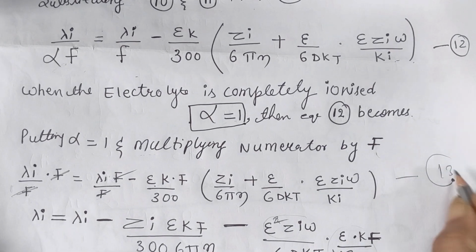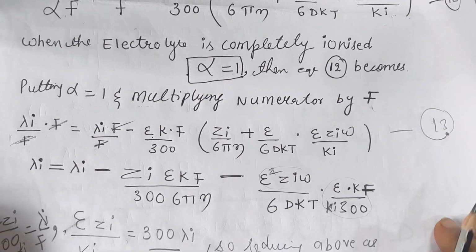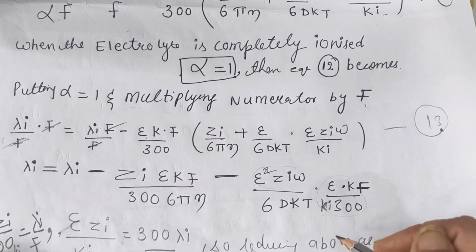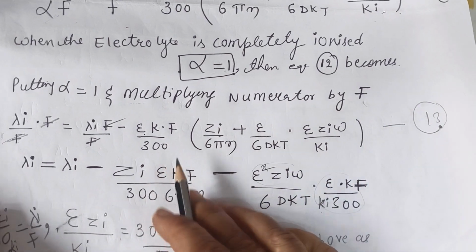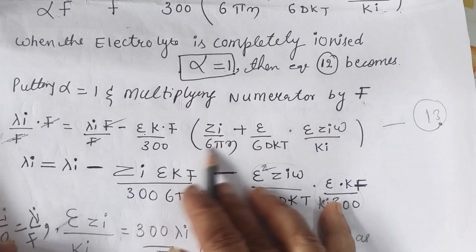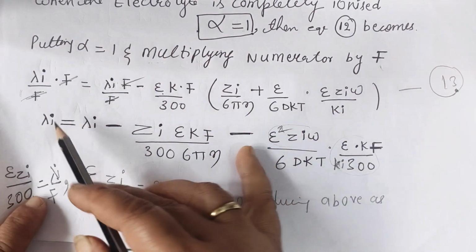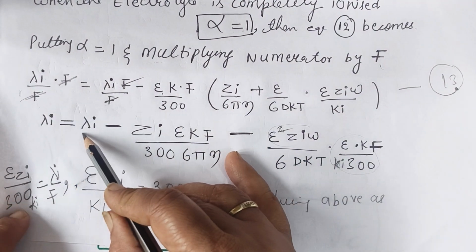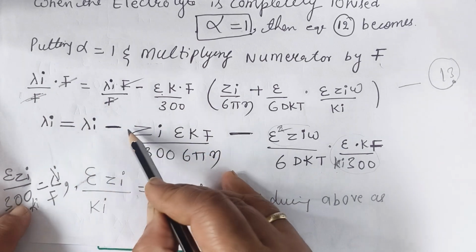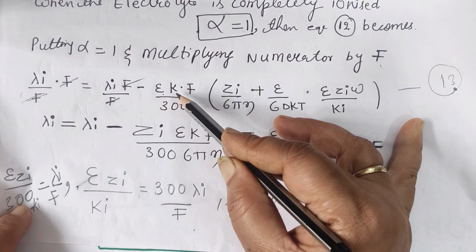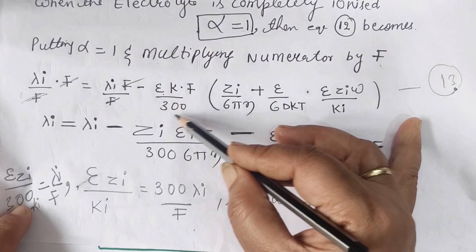So now what we have to do, in place of this term, we will just multiply these terms and open the brackets. So what you will get here is lambda i equals lambda i minus epsilon e k by 300, right?